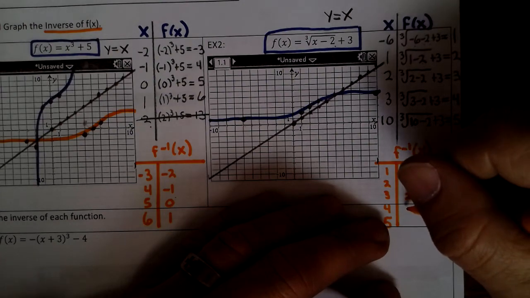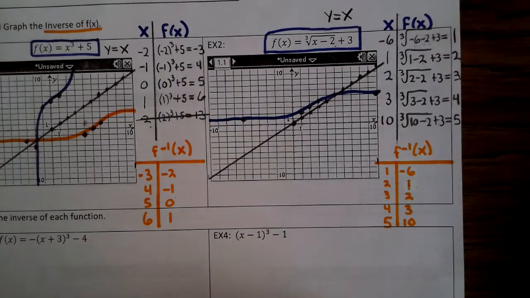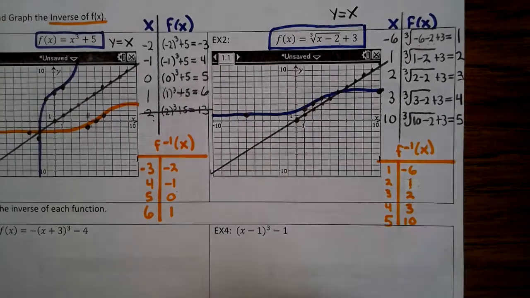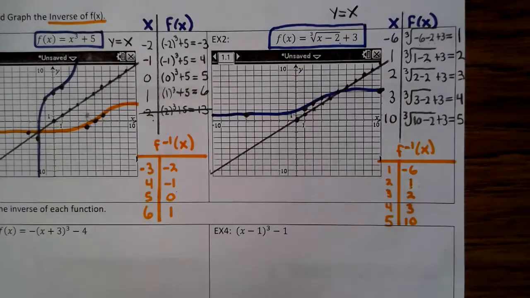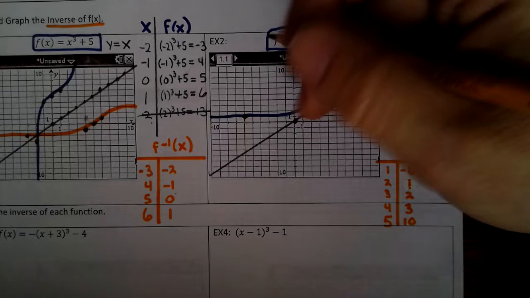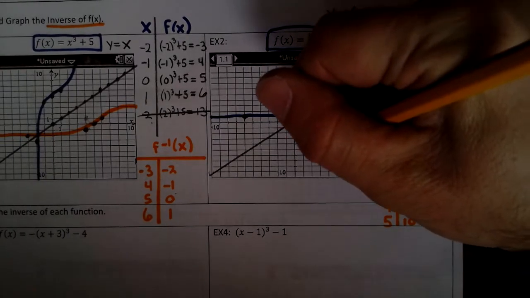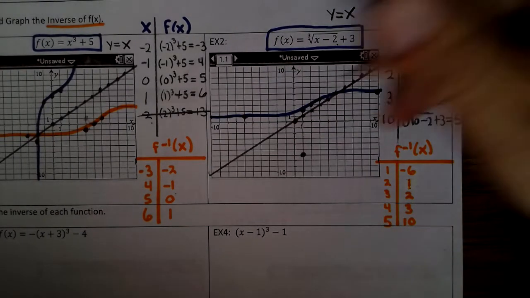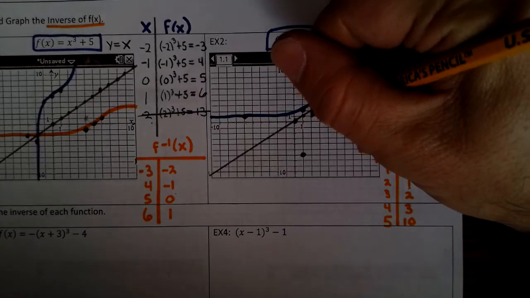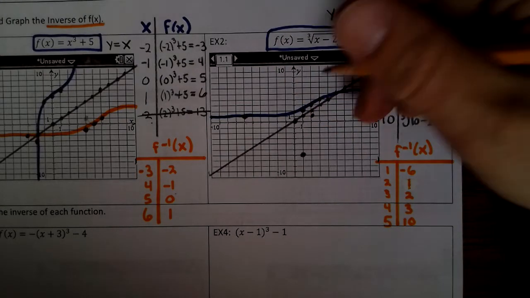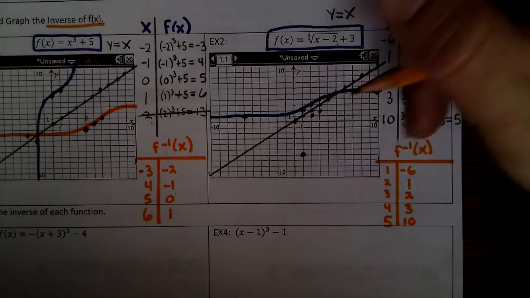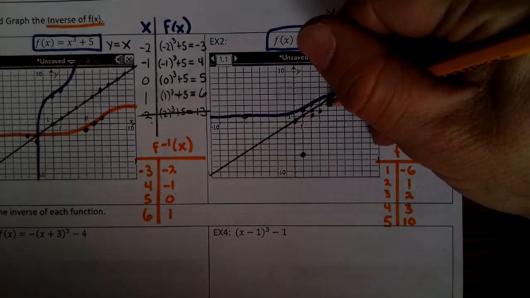So 1, -1, 2, 3, 4, 5, 6, 2, 1, 3, 2, 4, 3, and 5, 10.